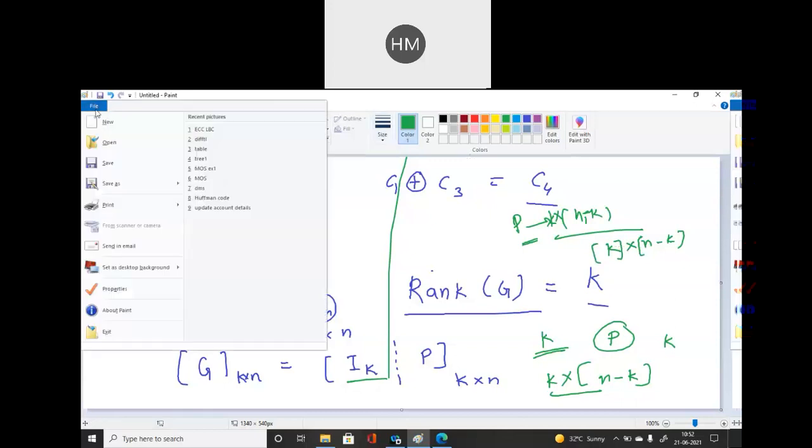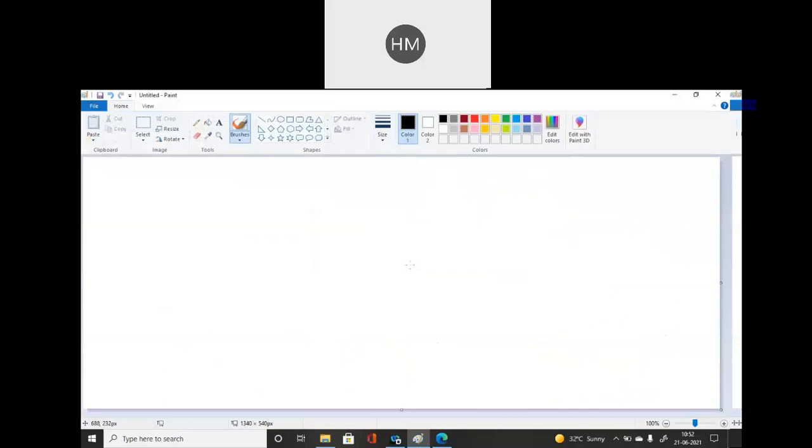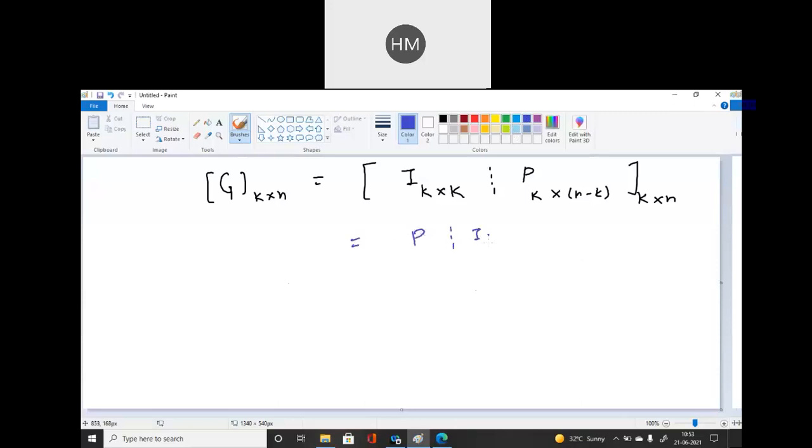So moving ahead in this, I think the concept will be clear to you. Now we can write down the G matrix, K cross n. How will we find its overall matrix? The K cross K identity matrix with the parity matrix given by K cross n minus K, and the overall generator matrix is K cross n. So you can define it like this. Or see, in some books it is reversed also, [P I_K].